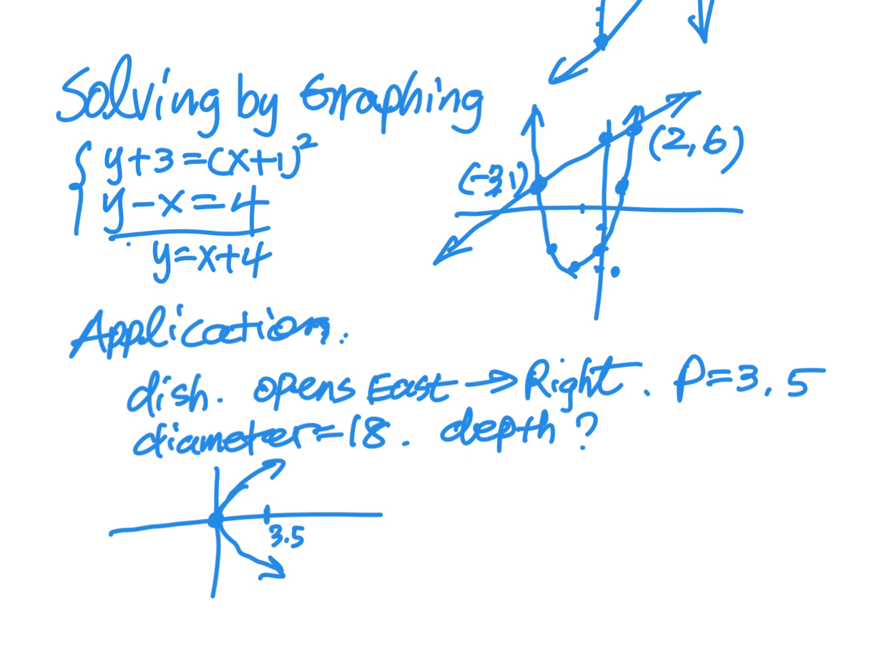And the diameter is 18, so let's say, we don't know if it's before 3.5 or after 3.5. I'm gonna just randomly draw the diameter like this. This is 18. Like last time I said, depth is this. This is called the depth.